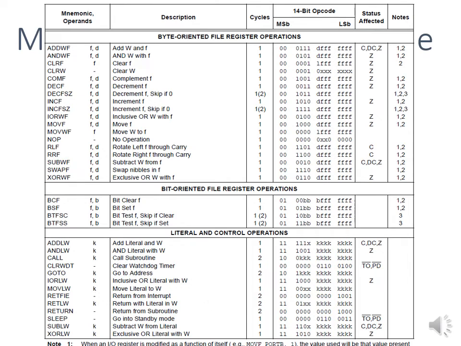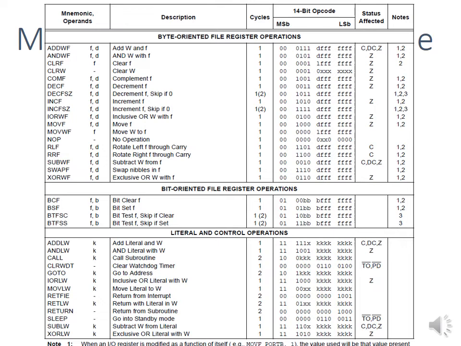K represents either an 8-bit immediate value to be operated on by an instruction or an 11-bit address to which a branching instruction causes the PIC to branch to.